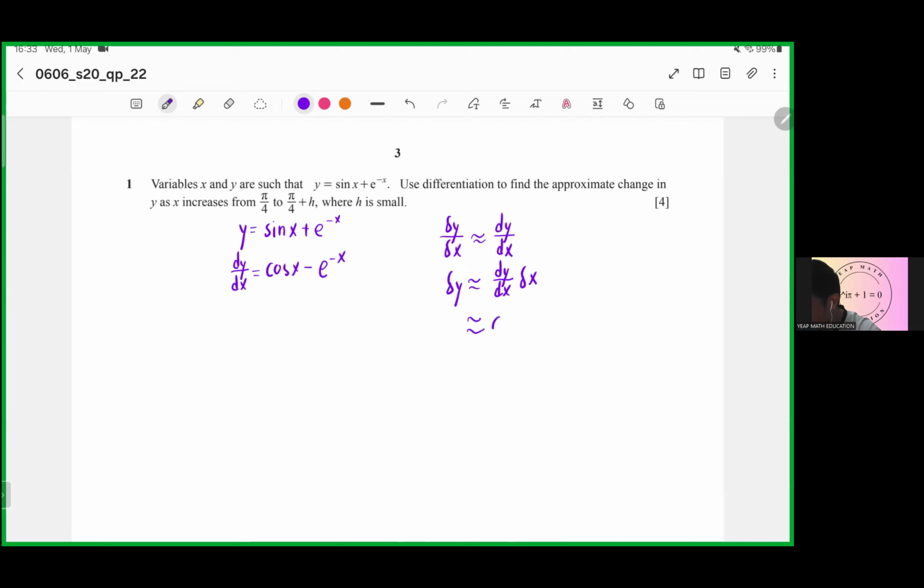Okay, we write cos 1/4 pi here, and then minus e to the negative 1/4 pi here. Here we write h.